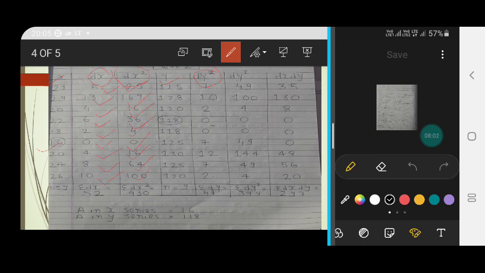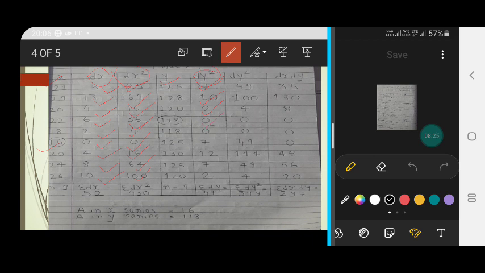So what is the first item? It's 125. So how are we going to calculate the dy over here? 125 minus 118. So we will get 7. Then 128 minus 118. So we will get 10. Then 120 minus 118. So we will get 2. Then 118 minus 118. We will get 0.